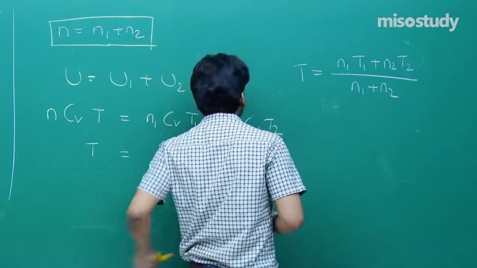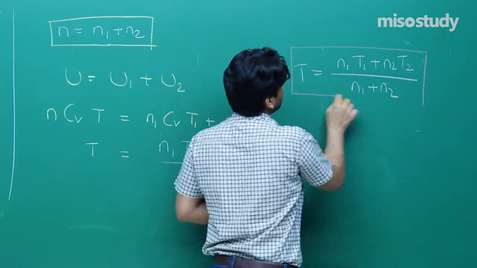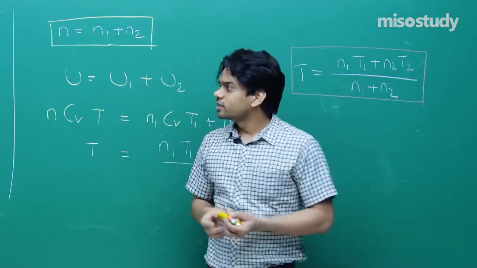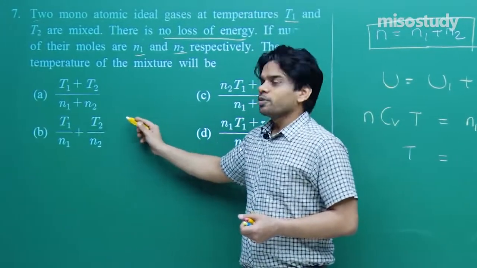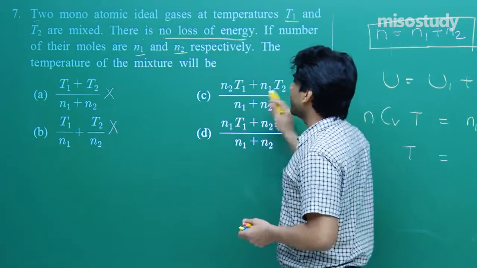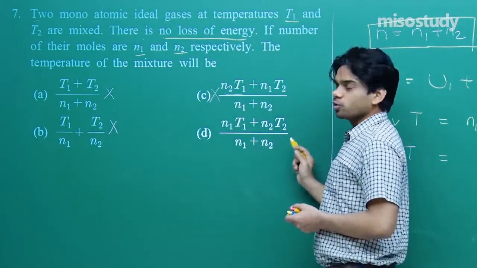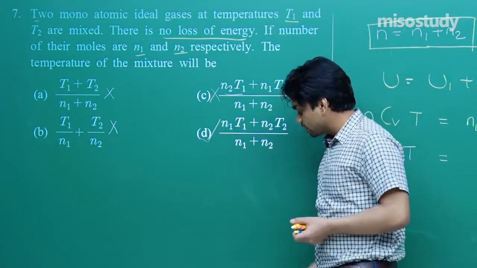So this is the value of temperature. Let's go ahead. Option A, T1 plus T2 divided by n1 plus n2, no. Option B, no. C, n2 T1 plus n1 T2, no. And D, n1 T1 plus n2 T2 divided by n1 plus n2, yes. Option D correctly matches.